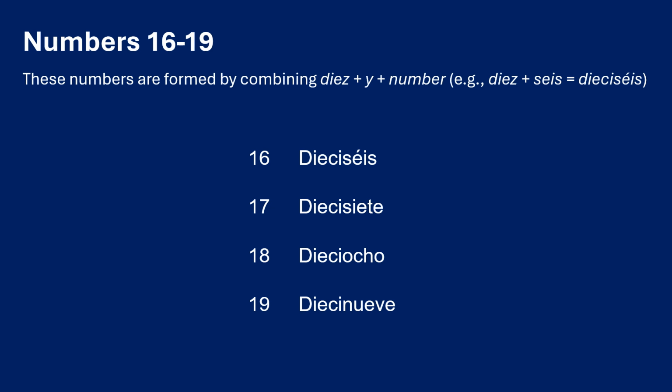They are formed by combining the word diez, the letter Y, which means and, and the number from 1 through 9. The construction looks like this: diez plus Y and the number. In this case, for example, using the number 16, you get dieciséis.